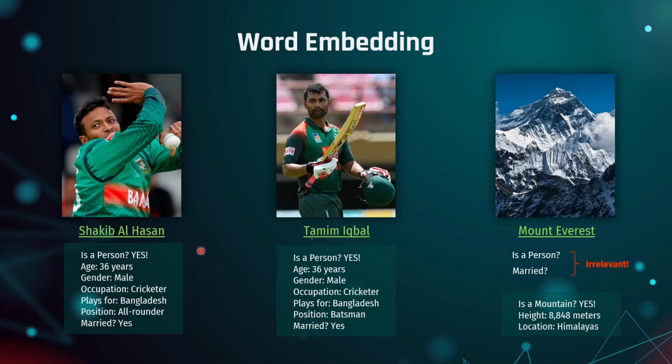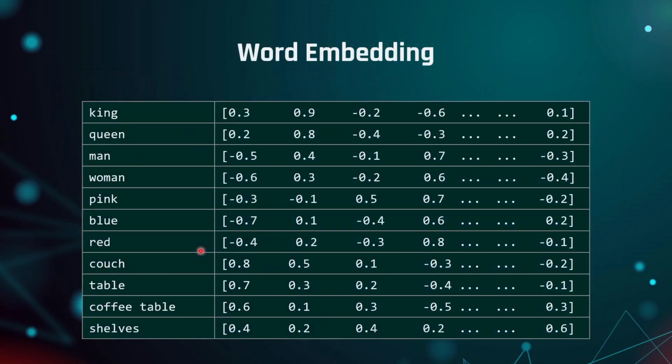So Shakib and Tamim দুজনেরই একই ডিসকাশন বা একই কথার প্রেক্ষিতে একই কনটেক্সটে আসার প্রবাবিলিটি অনেক হাই বিকজ দে শেয়ার সিমিলার ফিচার্স, বাট ইটস নট দ্য সেম ফর মাউন্ট এভারেস্ট, ইটস সামথিং ডিফারেন্ট, রাইট? সো ব্যাক টু আওয়ার ডেন্স ভেক্টরস। সো যে কলামগুলোর কথা আমি বলছিলাম, দিস কলামস আর বেসিক্যালি আওয়ার ফিচার্স, the same features we used to describe Tamim and Shakib or maybe Mount Everest, right?